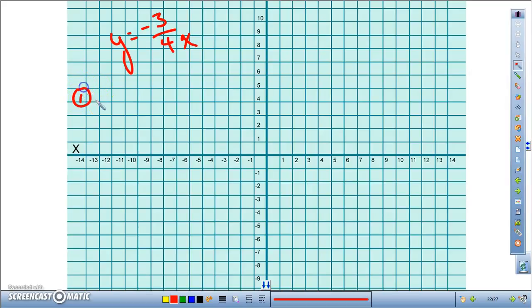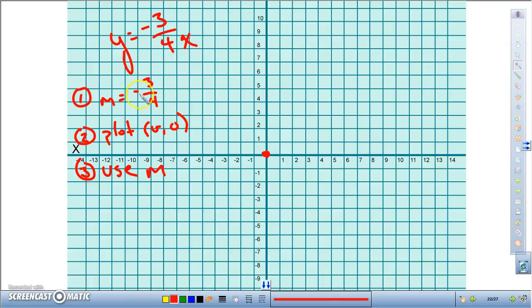First thing is, find your slope value and write it as a ratio. This one's already been written as a ratio, so I'm good there. Second thing to do is to plot the origin. And then I'm going to use my slope to find another point.